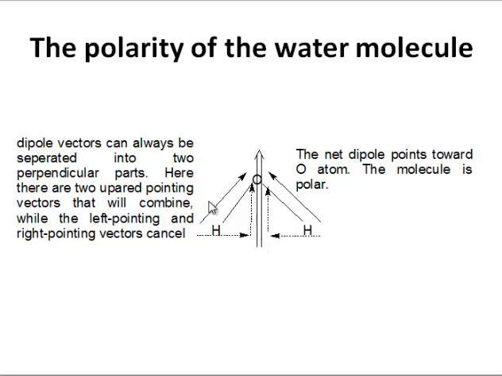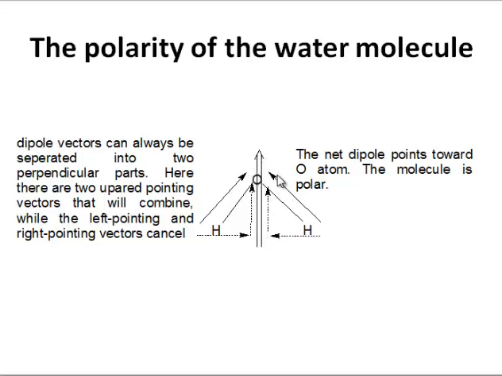There are 2 upward pointing vectors which will combine. The rightwardness of this dipole will cancel the leftwardness of this dipole, and these 2 vectors will have a net vector which simply points up.